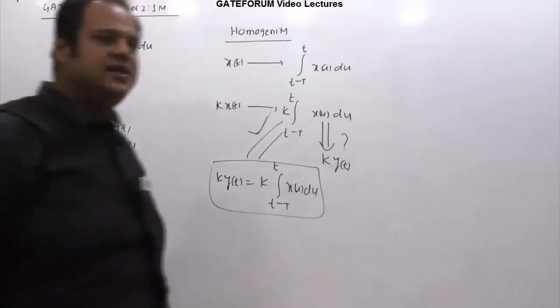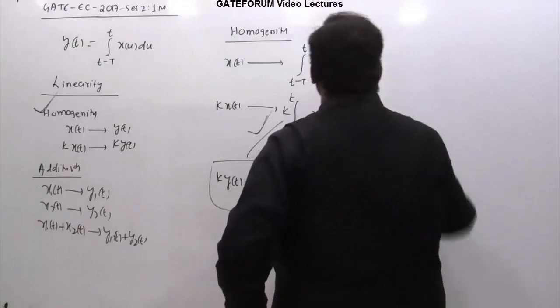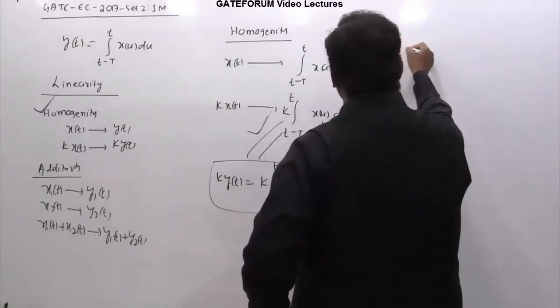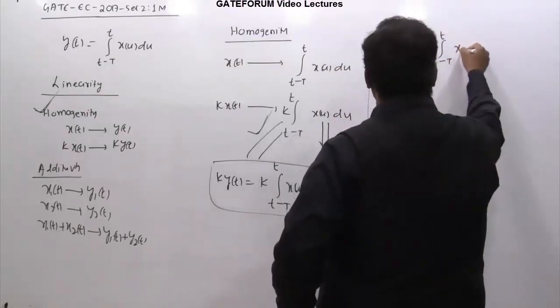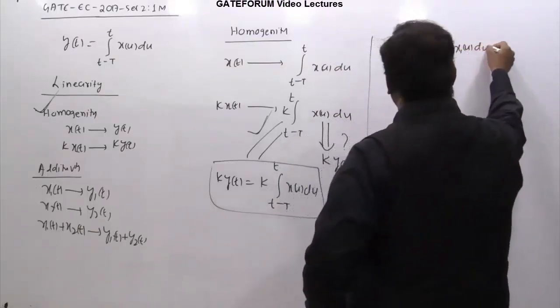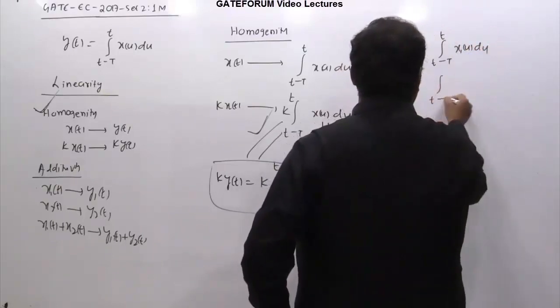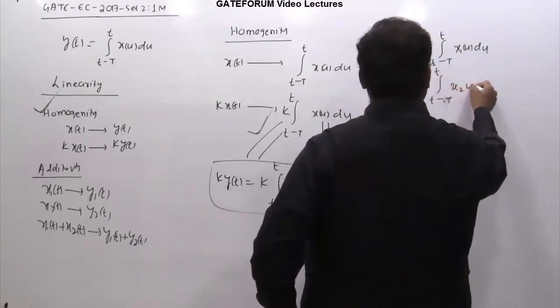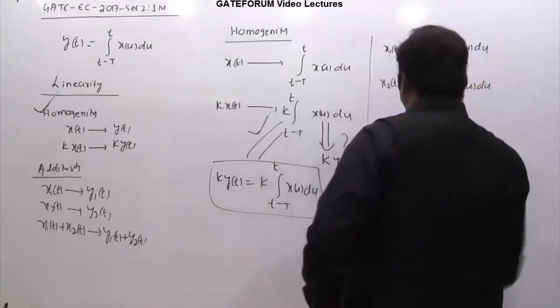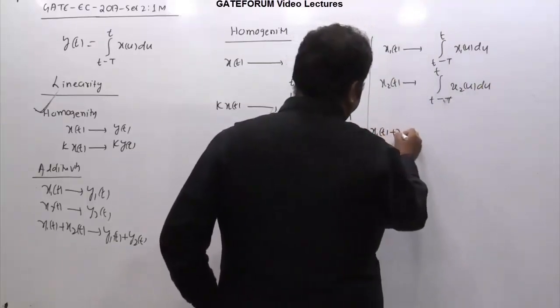Now let us test the additivity. When the input is x1(t), the corresponding output will be the integral from t minus T to t of x1(u) du. When the input is x2(t), the output will be the integral from t minus T to t of x2(u) du. Now, if the input is x1(t) plus x2(t), what is going to happen?